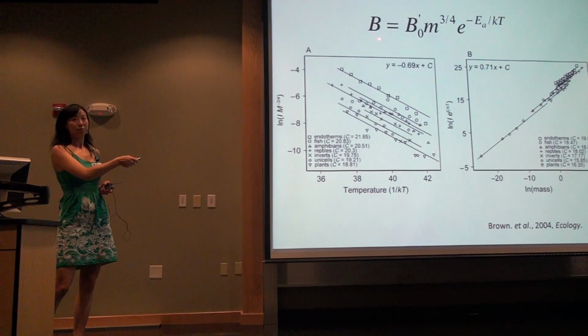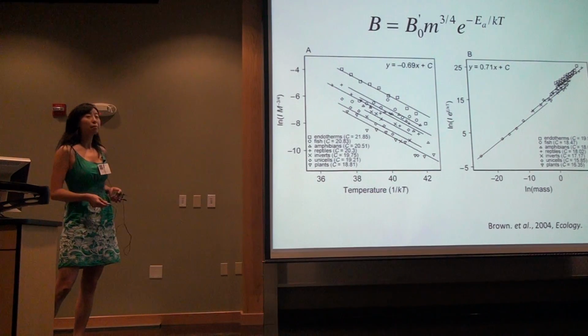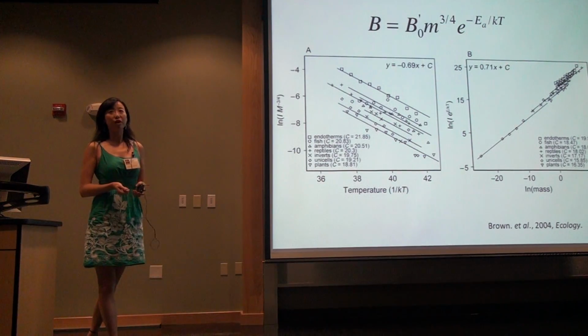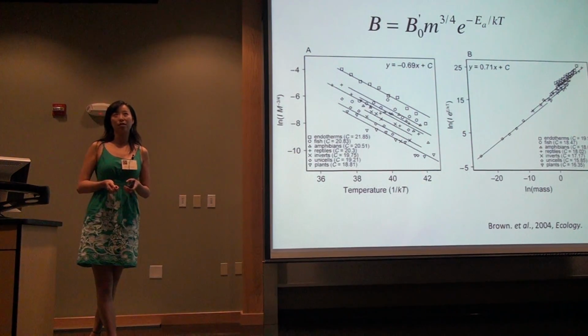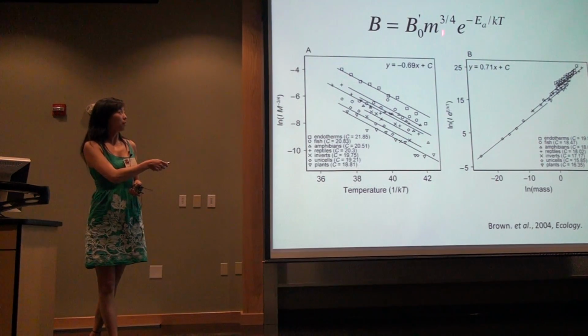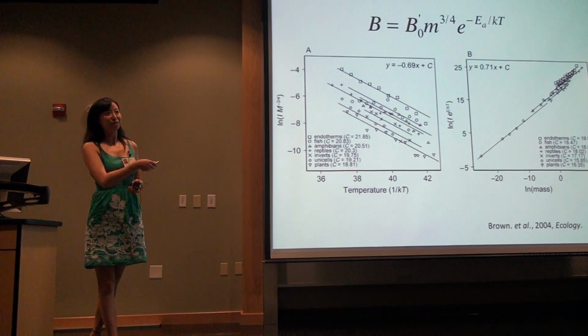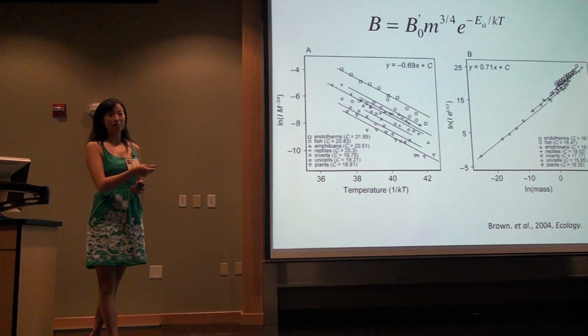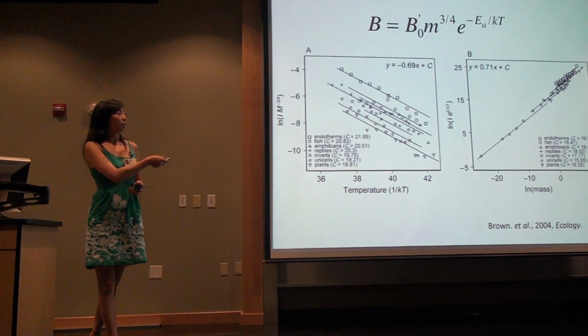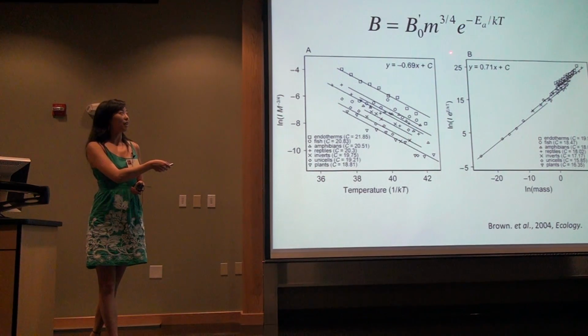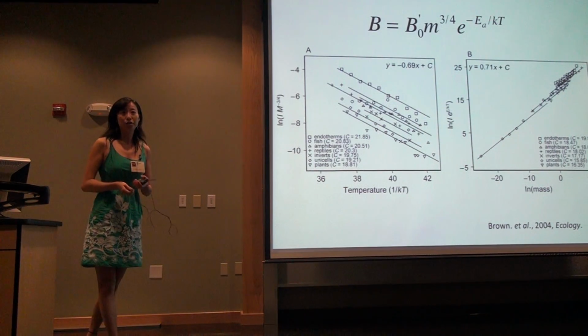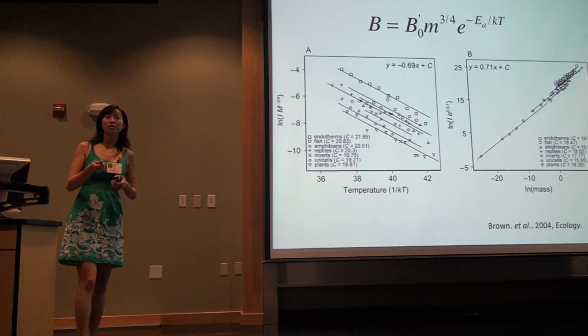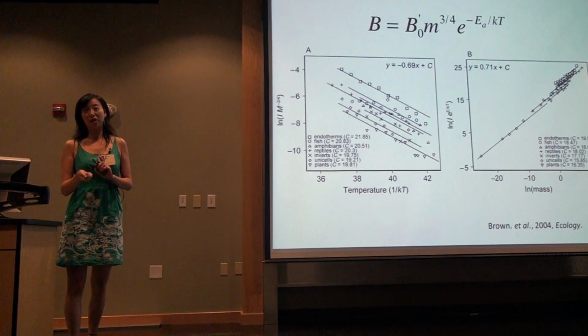B here is the metabolic rate, and B0 prime is the metabolic constant, which varies across the different taxonomic groups. M is the body mass, which is the M in the title, partially, and T is the body temperature, and E sub A here is the activation energy, which has been mentioned in detail in Jordan Okie's talk this morning.